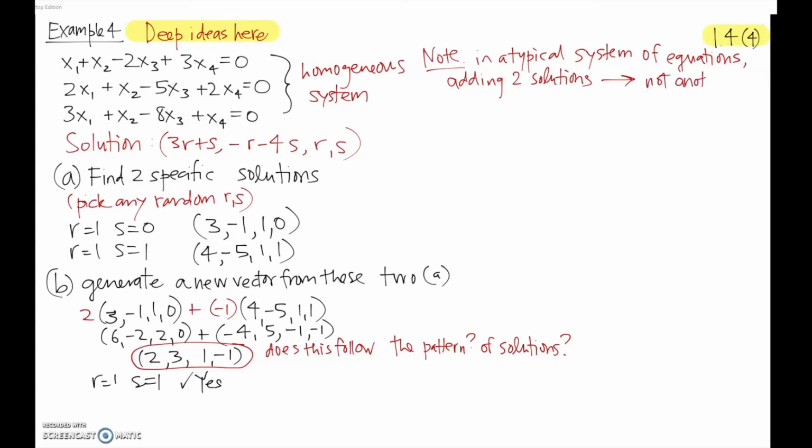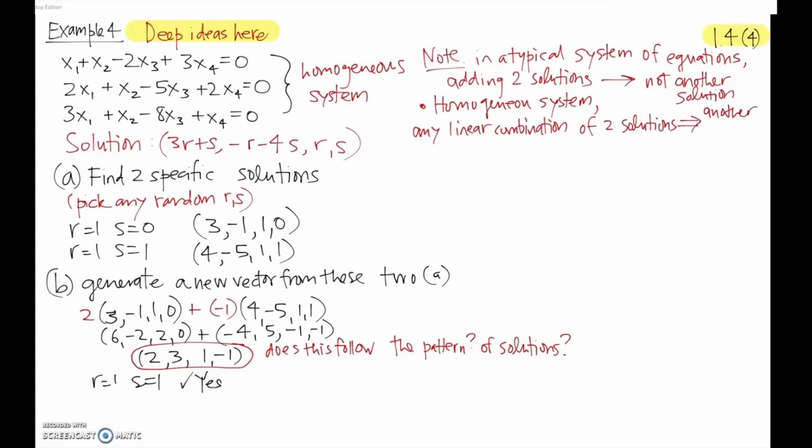You don't get another solution. But in a homogeneous system, this is a very special type of system where any linear combination of 2 solutions results in another solution.